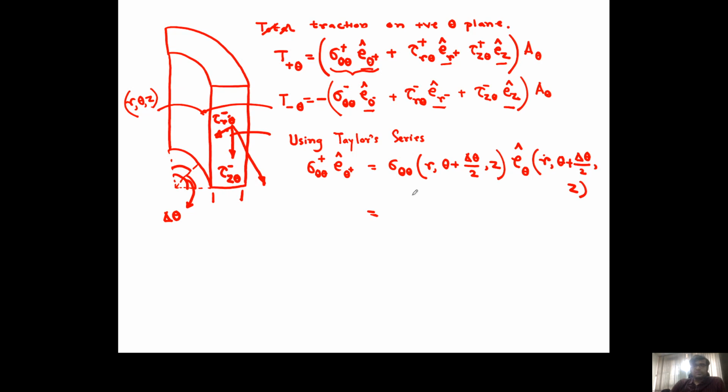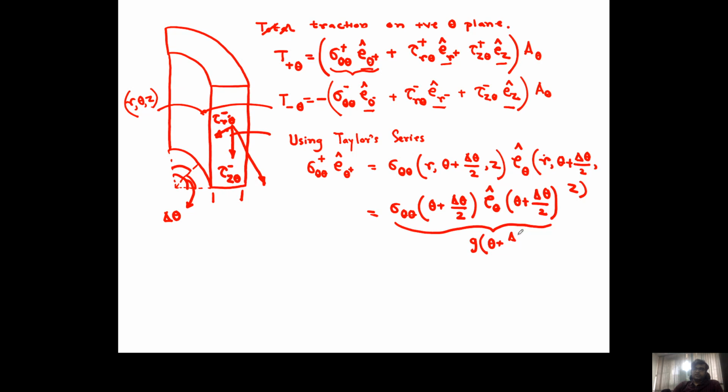And if you write, since sigma theta theta in this case, the r is not changing, I can write it as sigma theta theta at theta plus delta theta by 2, and then e theta hat at theta plus delta theta by 2. And this is the product function. This whole thing can be written as, say, a function g of theta plus delta theta by 2.